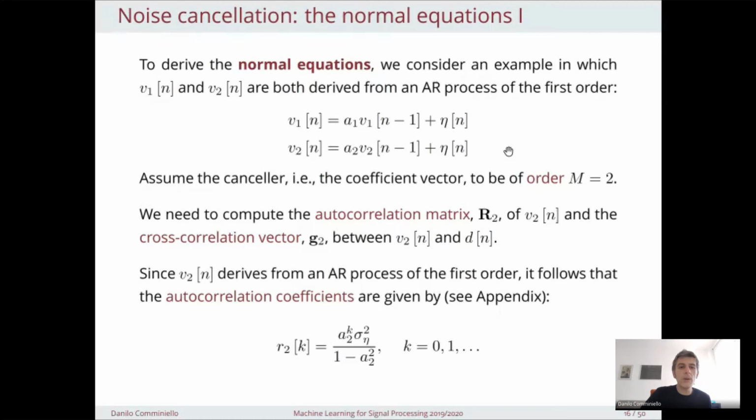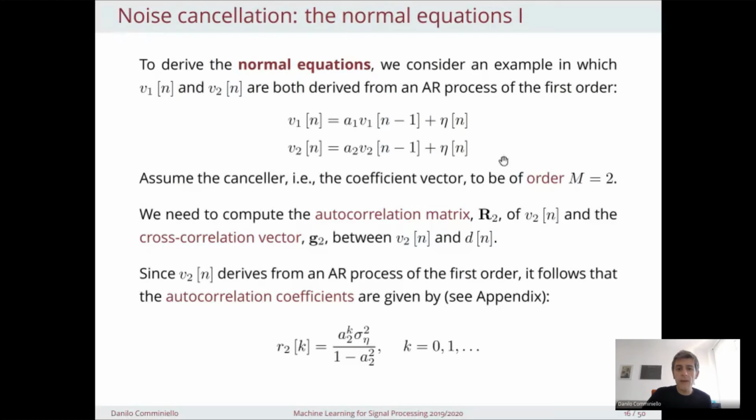I will also give you some additional material in which you can find some notions about what an autoregressive process is and what the main properties of this kind of process are. It is just to give you something additional to what we see in this course, and I will put it as an appendix.